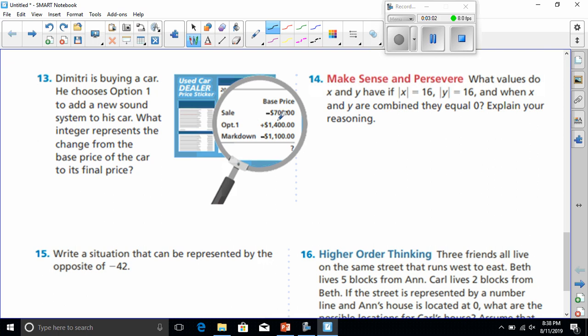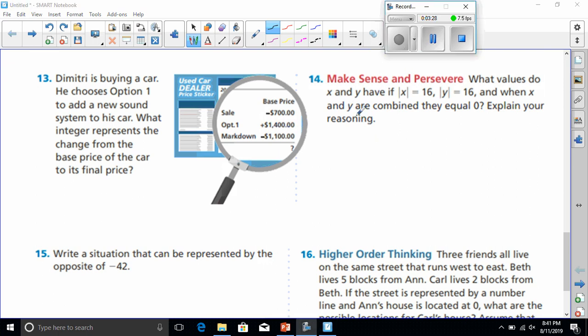It's $1,400 to add a new sound system to his car. It says what integer represents the change from the base price, and that was the sale price here. What integer represents the change from that price of the car to its final price?